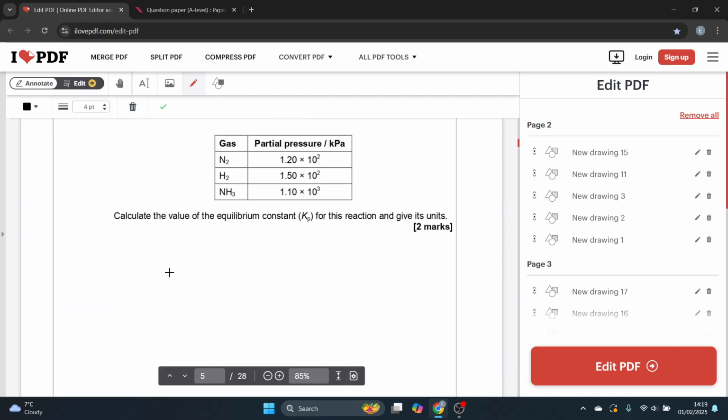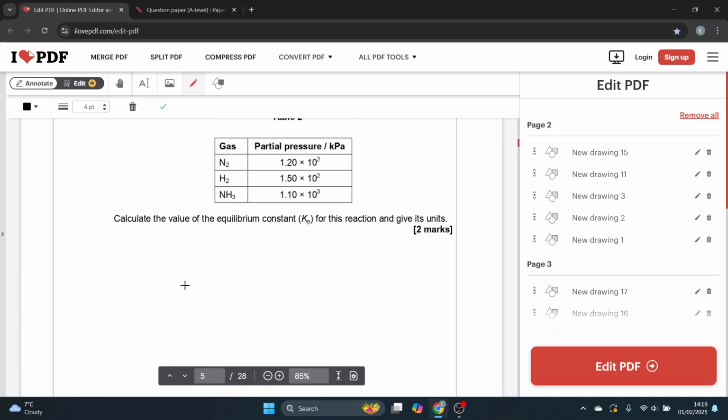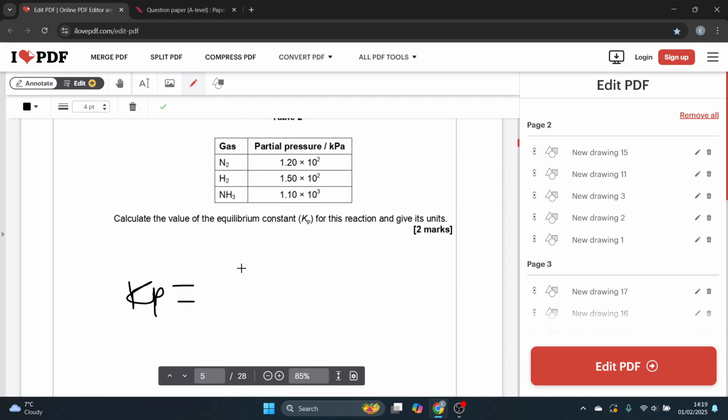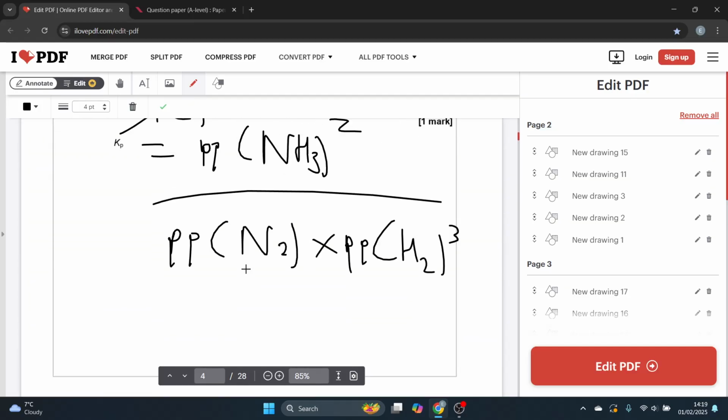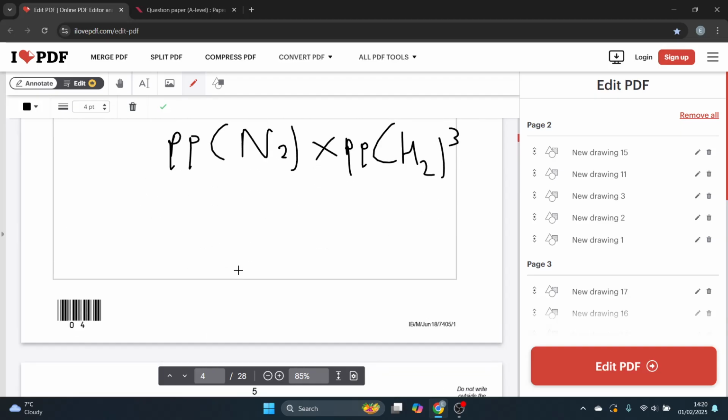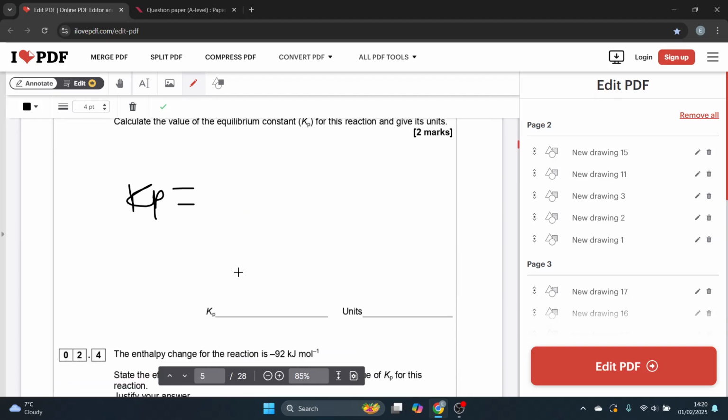Calculate the value of the equilibrium constant Kp for this reaction and give its units. So Kp then is just going to be, I'm just going to substitute in there. I'm not going to write it down. 1.10 times 10 to the power 3, squared, divided by the partial pressure of nitrogen, 1.20 times 10 to the power 2, times 1.50 times 10 to the power 2, and I've got 3 moles of hydrogen, so that's going to be cubed.